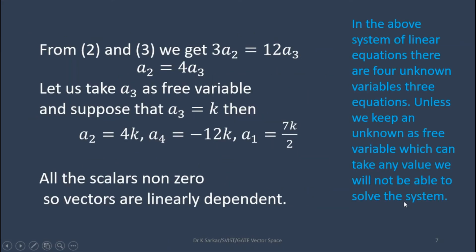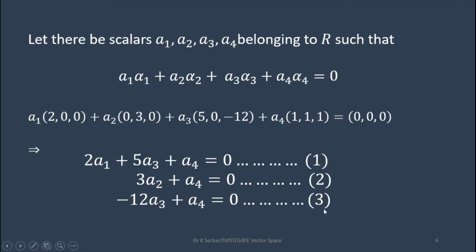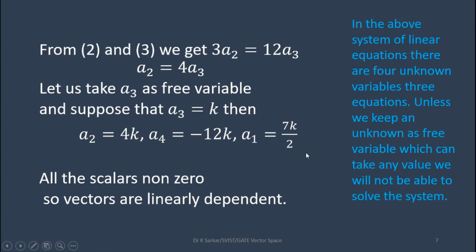Now from equations 2 and 3, a4 will be cancelled if we subtract. Then we will get 3a2 as 12a3. So from here we are getting a2 as 4a3.